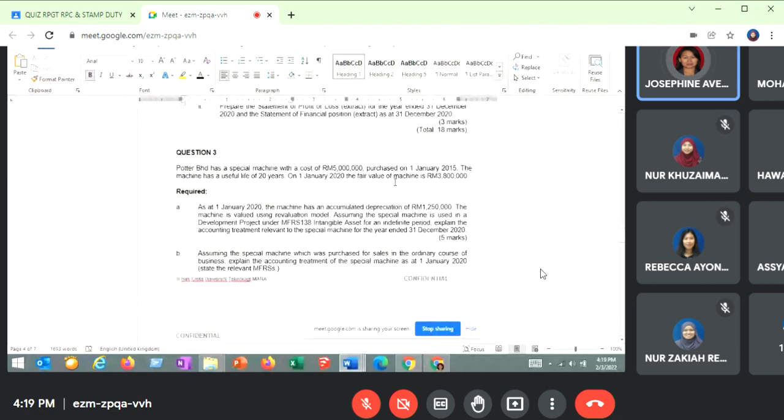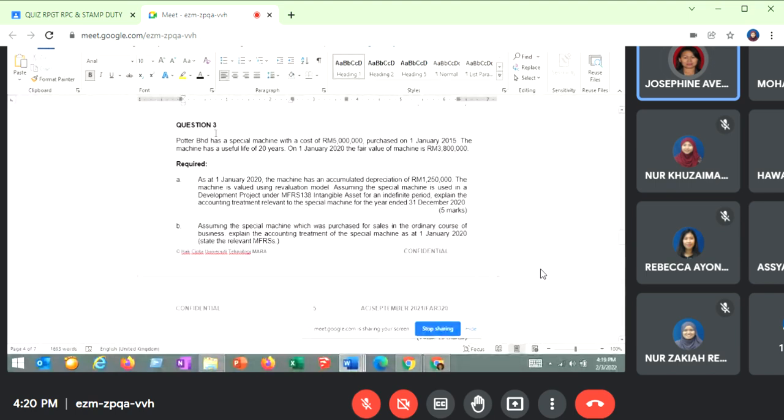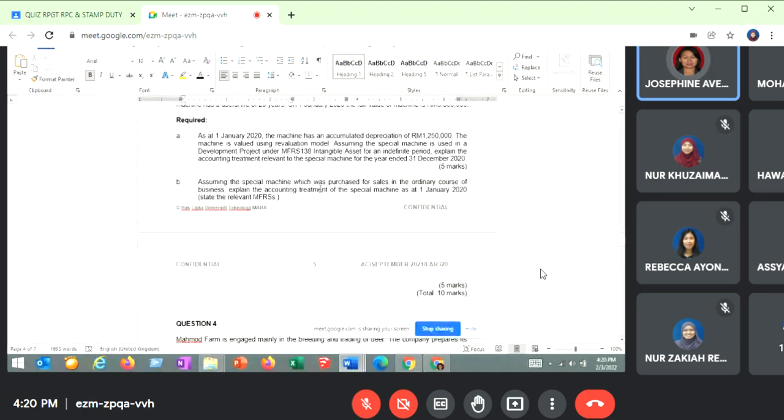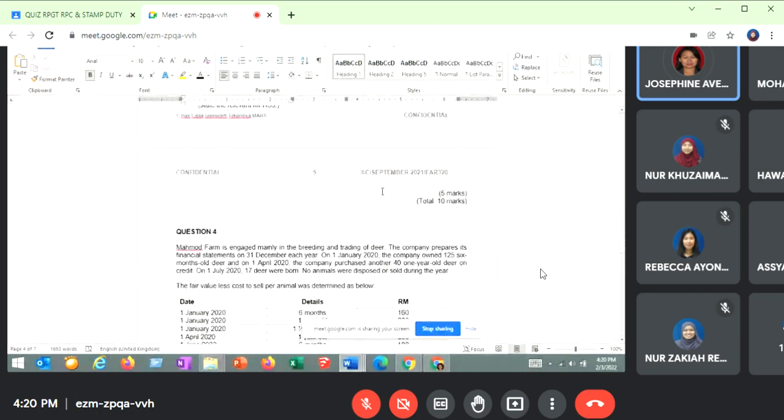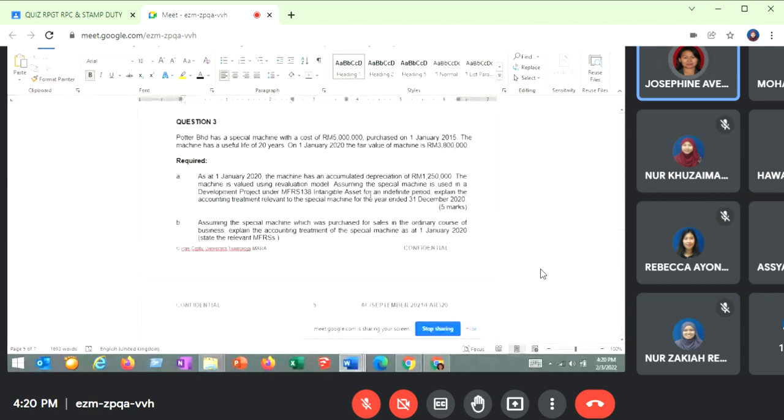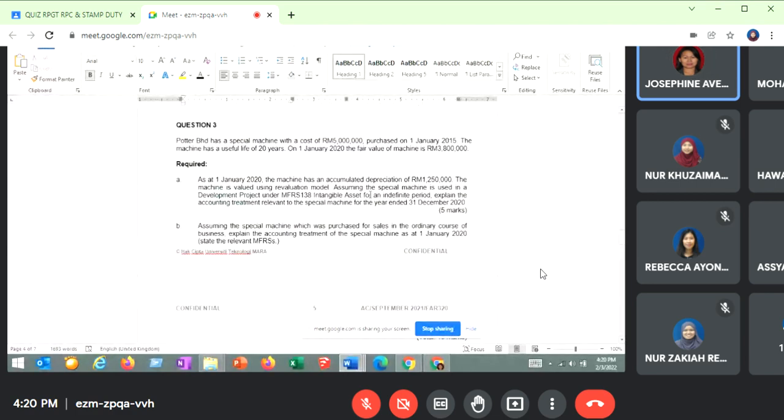And then question number 3, this is just like your project number 1. So you need to reread what is your PPE. Compare and contrast between PPE, intangible asset, inventories, investment property, and also biological asset.